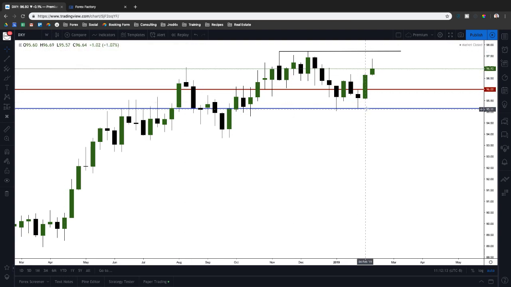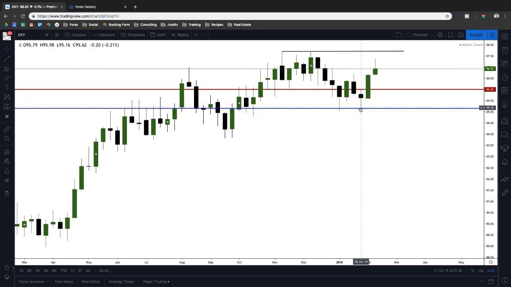But if we remain above the 95.20 low right here, then we should definitely see the market start trading higher to 97.70. Now we could have a retracement somewhere in between the 96 big figure to 96.50 range, and anywhere within there the market could find support, based on lower time frame support as well.